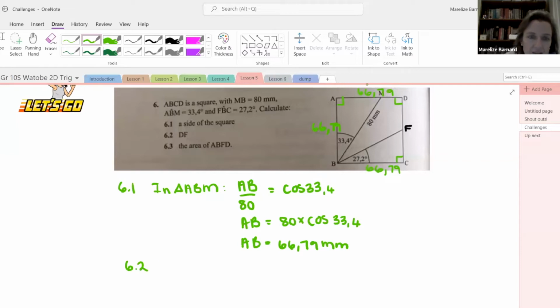So we're going to now work in triangle BFC so that we can solve for FC and then subtract it from DC, DC being 66.79. Okay, go ahead and do that. Post your answer in the chat as soon as you are done figuring that out.